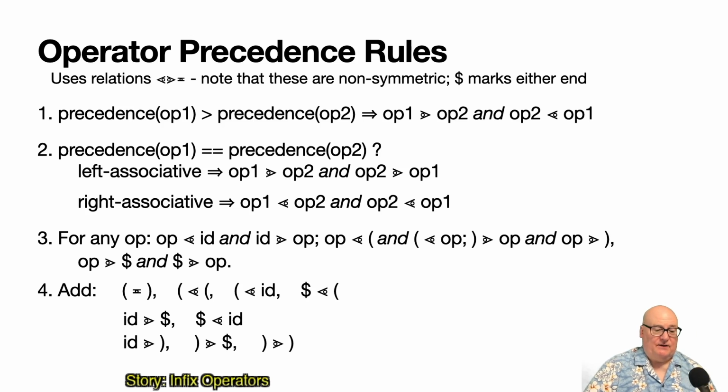Now, if the precedence is equal, like x plus y plus z, you have to decide: is it x plus y and then add z, or x plus the result of y plus z? I think the only operator that's right associative is the exponent operator. So if you have 2 to the 3 to the 4, that's really take 3 to the 4, which is 81, and then take 2 to the 81st, which is a big number.